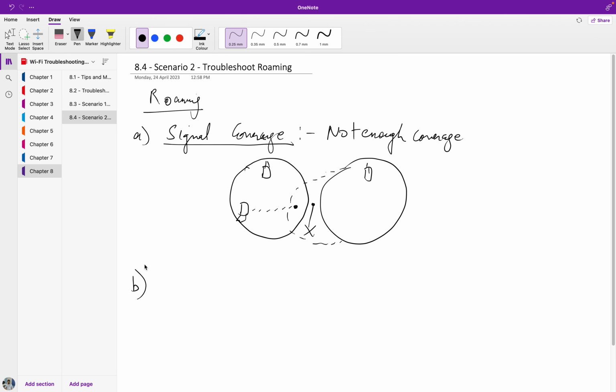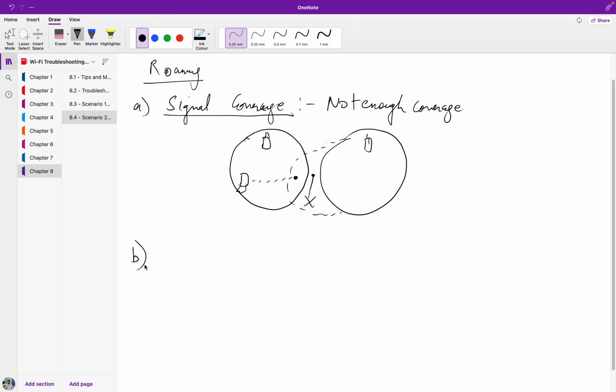The second reason, which is gonna be very resonating with this one, is excessive signal or excessive coverage. Okay, excessive coverage. Now adding a new AP to help improve coverage or performance on the Wi-Fi network seems to be the first step that we take, right?